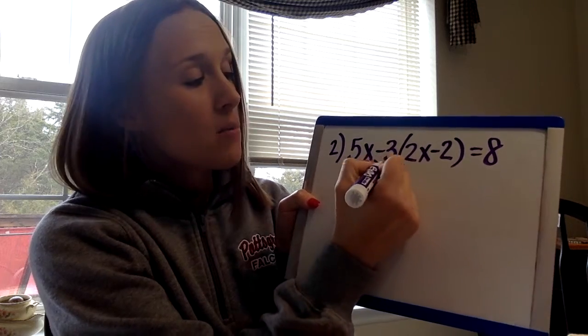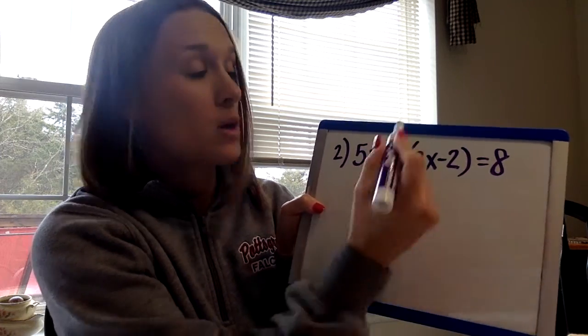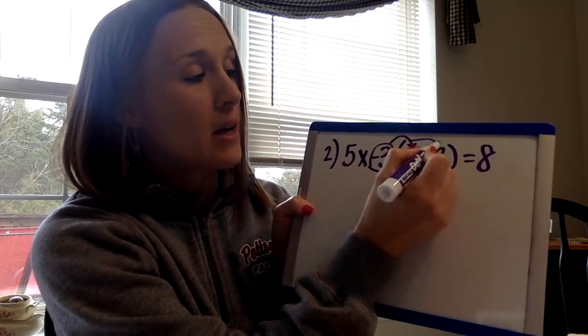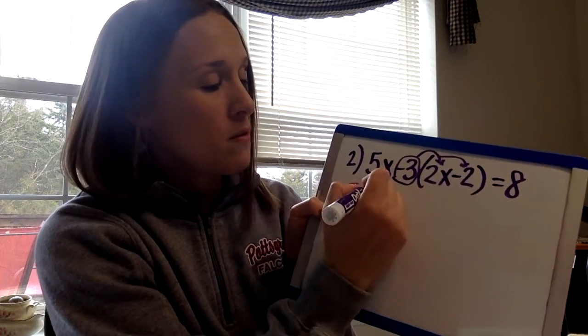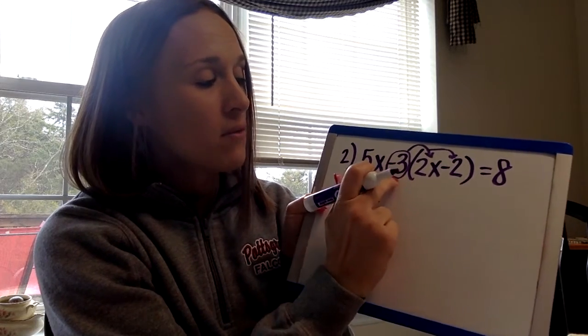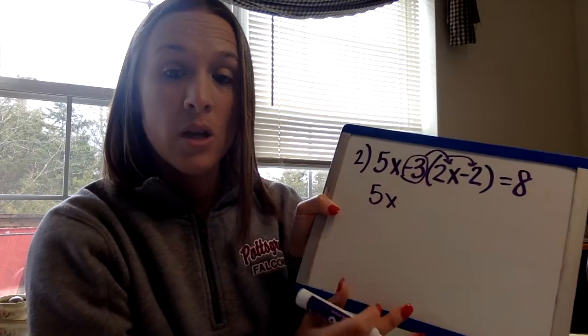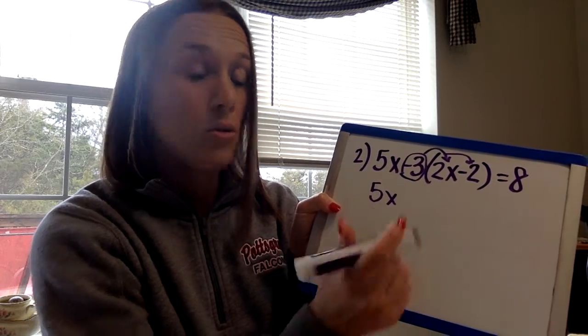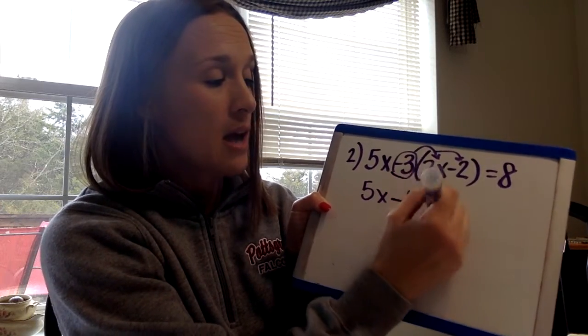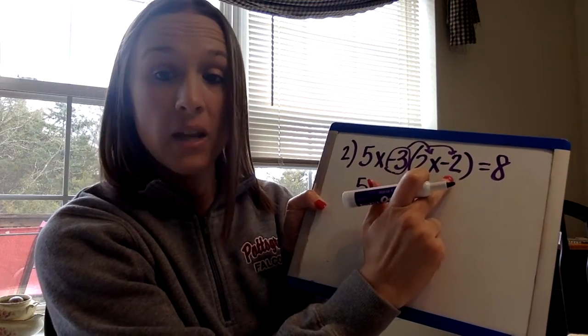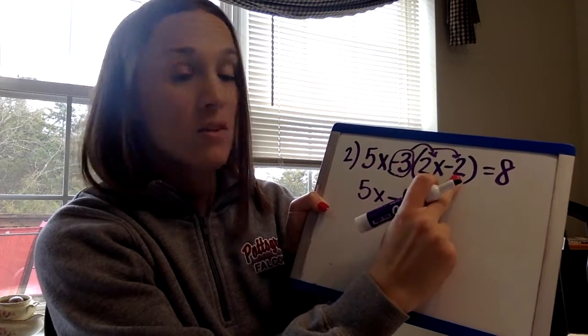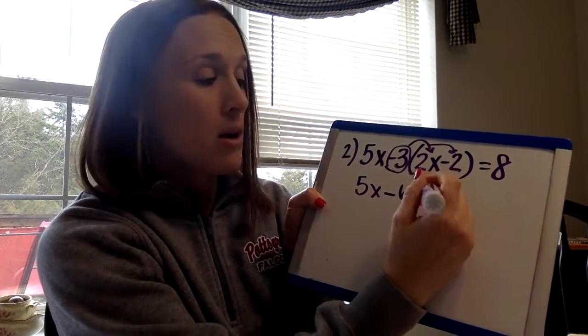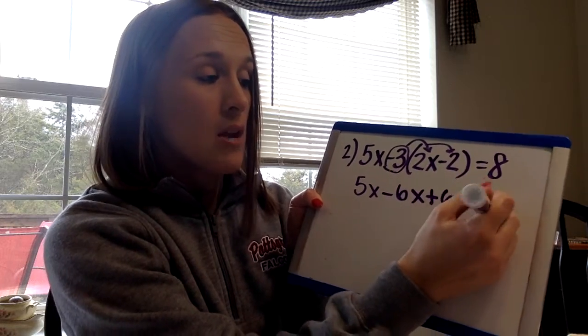The number in front of the parenthesis is what we're going to multiply inside here and here. So it's going to be 5x and then negative 3 times 2, which is negative 6x. Negative 3 times negative 2, because this is negative and so is this, is going to be positive 6 equals 8.